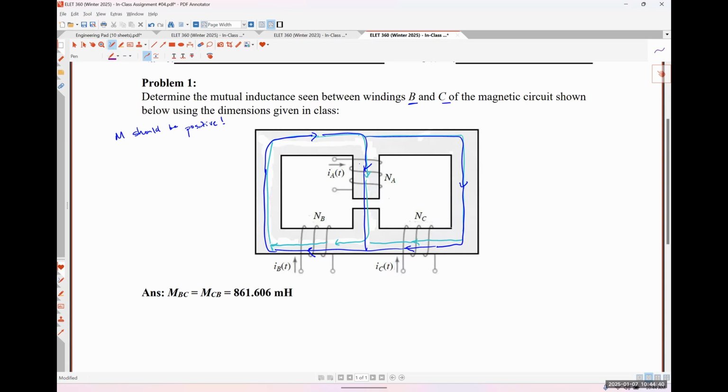A is pushing flux up, and then it's going to split and flow this way through B, and split and flow this way through C. So we could see that the mutual inductance between coils A and B would be negative, whereas the mutual inductance between coils A and C would be positive based on the direction of flux flow. Brock.